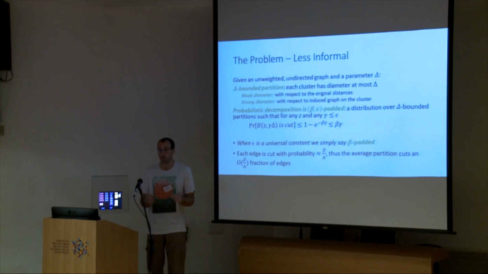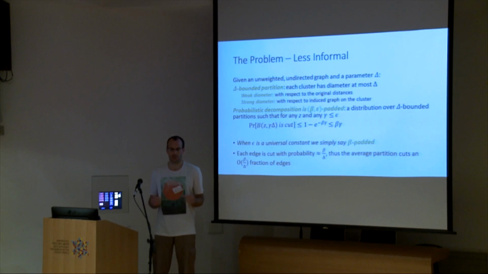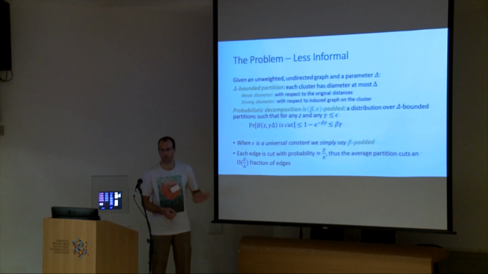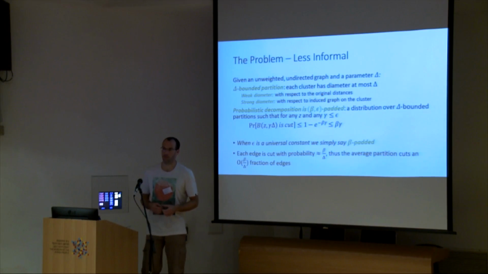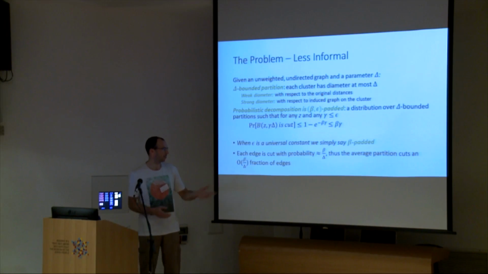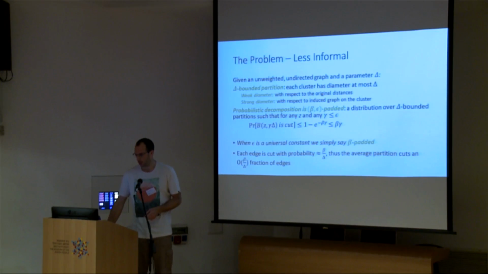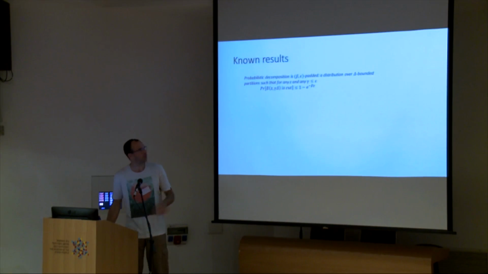Just to put this in perspective, if you look at the path on n vertices, you must remove one in every delta edges, since you can't have more than delta consecutive edges in a row. So a fraction of 1 over delta is the best you can hope for, and beta says essentially how many more edges you need to remove. Good. So this is the definition, if you still need to stare at it for a second.